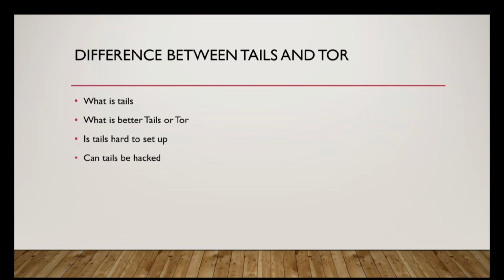Is it better than Tor? Well, not really, because as I said, Tails is really an operating system. Tor is the browser. Practically, yes, it can be better. Why? Because you are able to use Tails anywhere you want. Tails is not installed on your computer. It will be installed on a USB key or on a DVD-ROM.